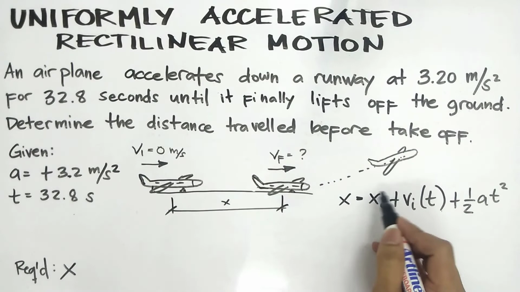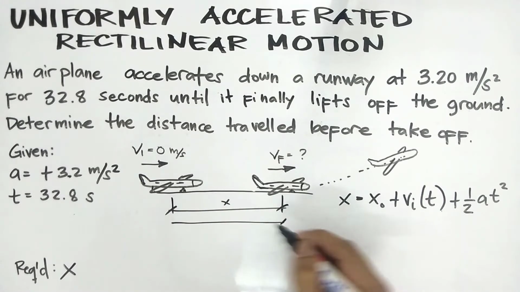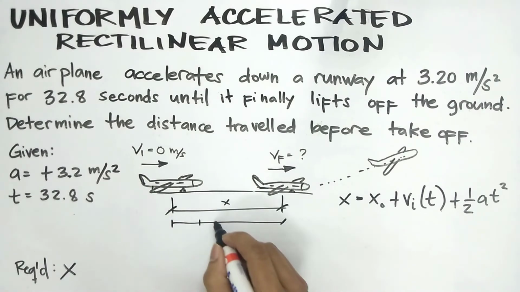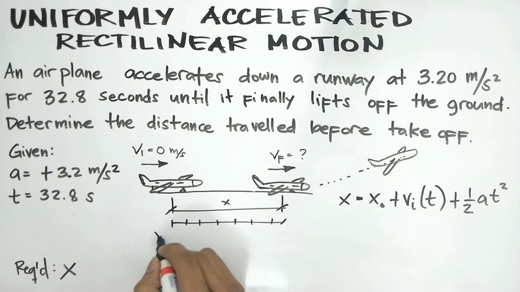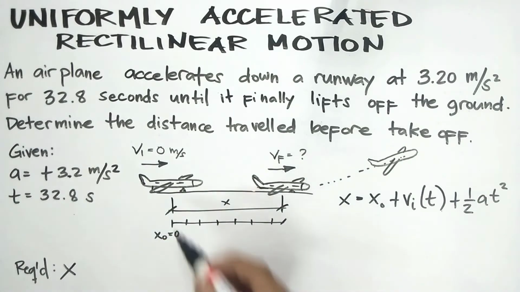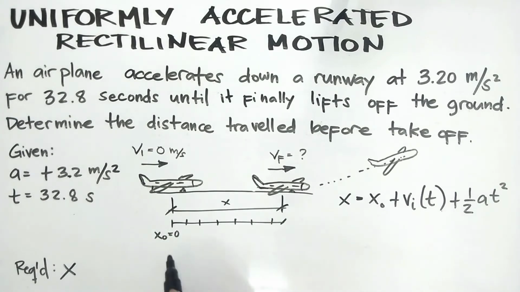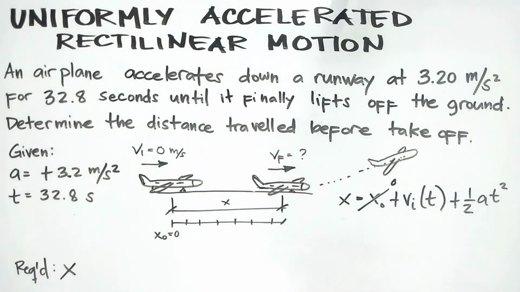That is describing the initial position of our object. If you imagine this is a number line, this is our x sub 0. We reference it at the starting point. So let's just say that it is equal to 0.